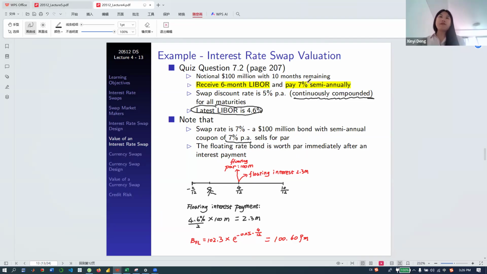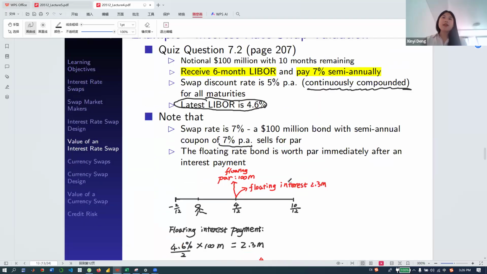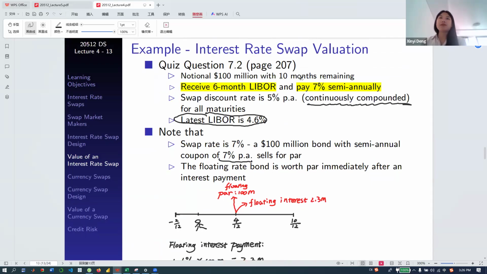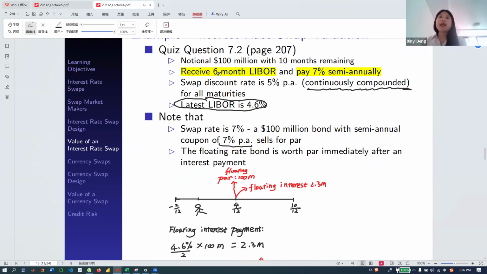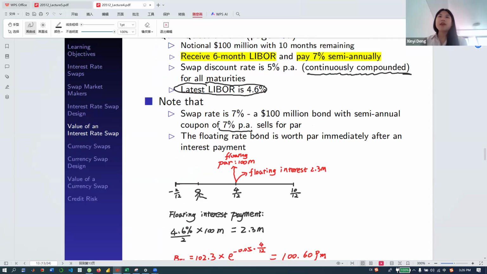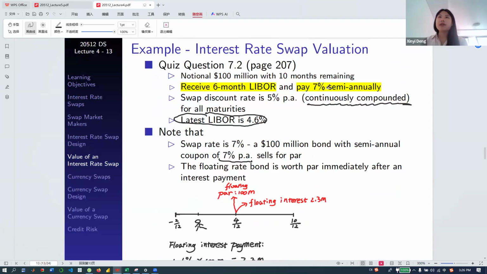So now with all the information, let me show you guys the timeline here. Let me expand the timeline. I already drew this in advance. So here we have 10 months remaining, and the payments are being made semi-annually.